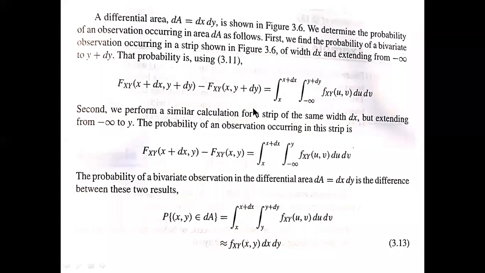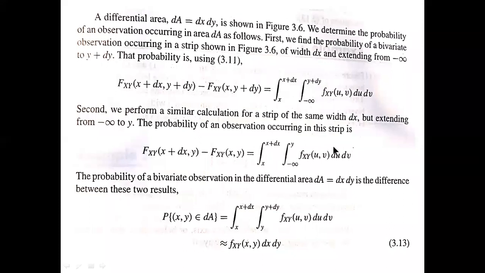To find the probability, you need to find the difference of these two. So the probability of a bivariate observation in the differential area dA equal to dx dy is the difference between these two results. If you subtract one from the other, in place of minus infinity to y and minus infinity to y plus dy, we get y to y plus dy, all the other things remaining the same.